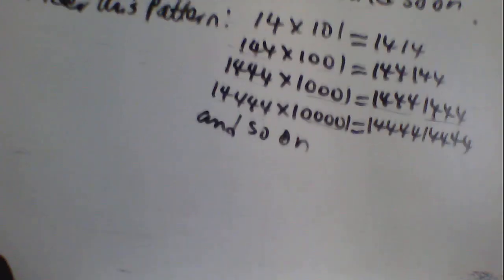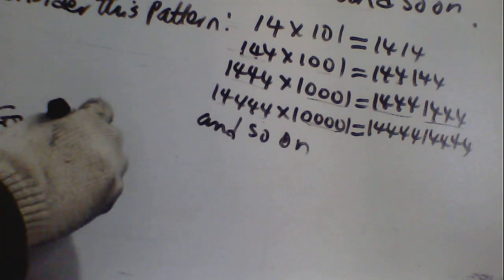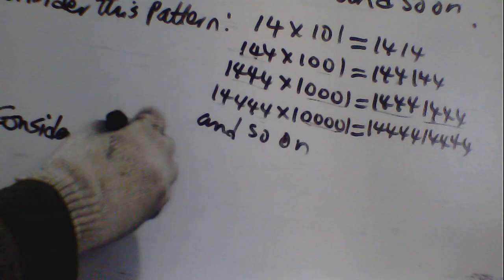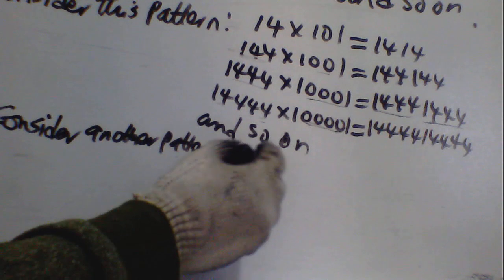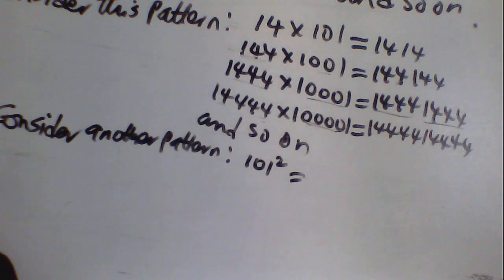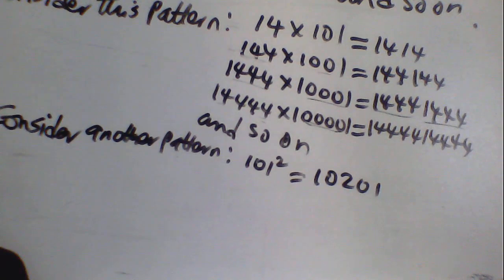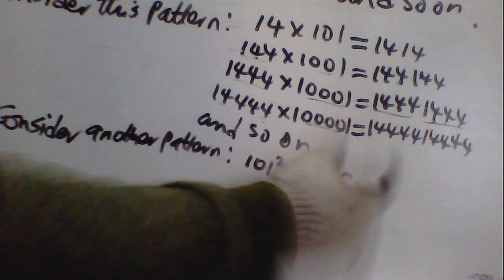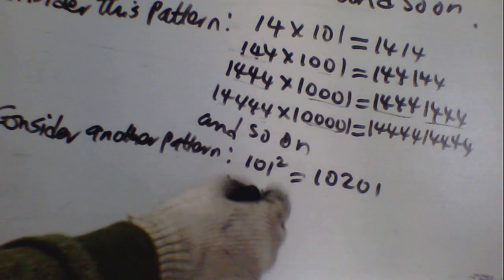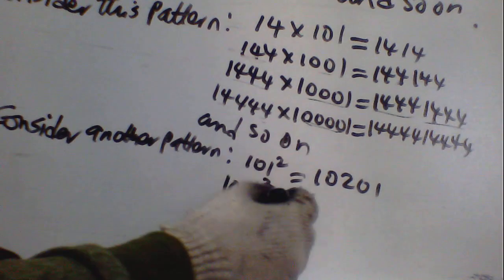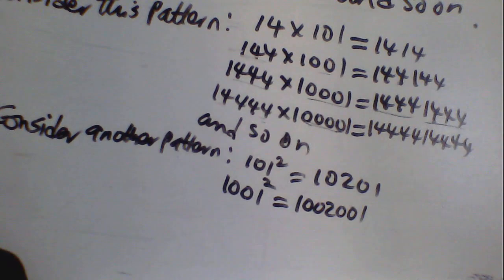Now consider another pattern. 101 squared is the same as 10201. You find the square of this, 10201, to always end in 1. Then 1001 squared is the same as 1002001.